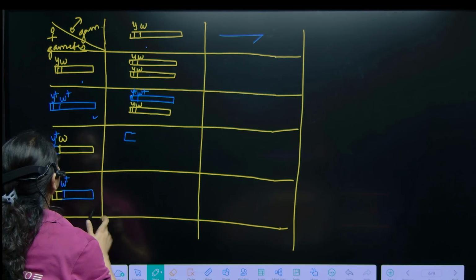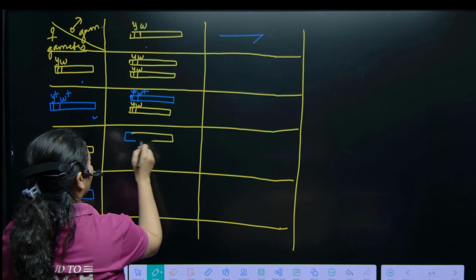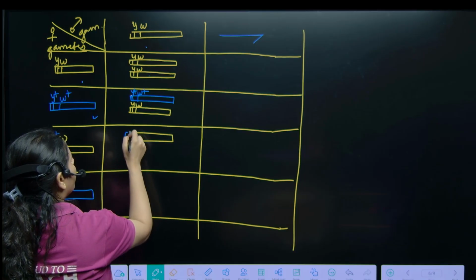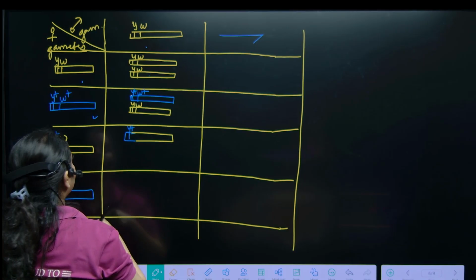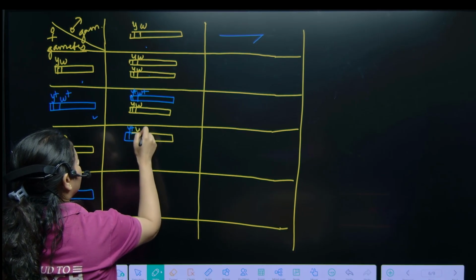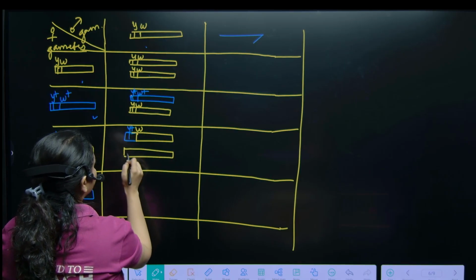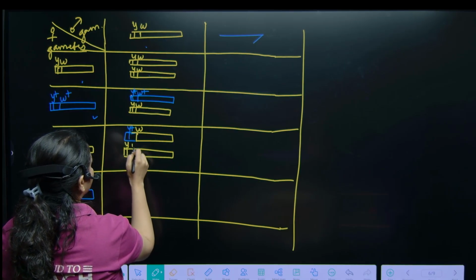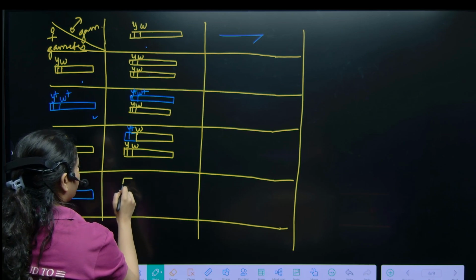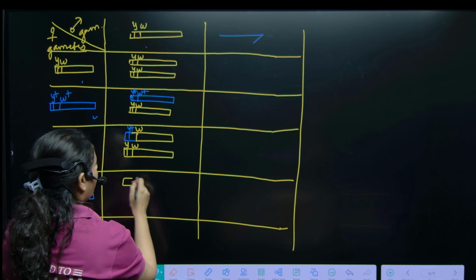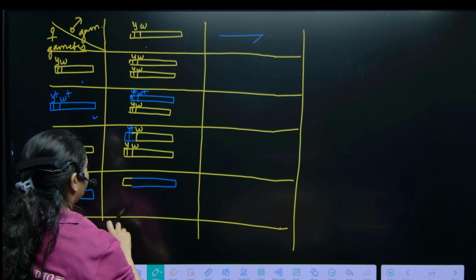Okay, so accordingly, let's copy the entire thing. Half blue, half yellow, so recombinant. We have Y plus and then W, and now copy the male chromosome. Now last, half yellow, remaining blue, right?